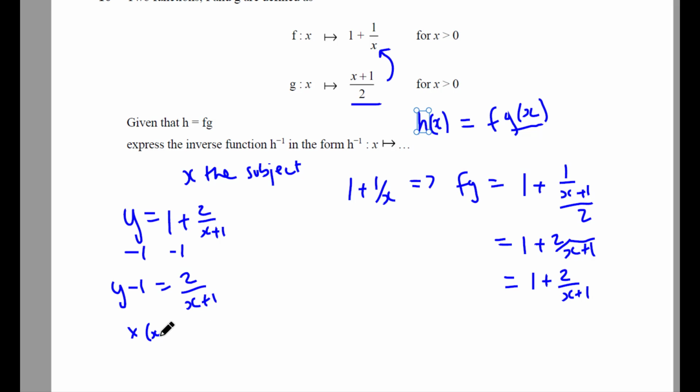Multiply both sides by x plus 1, so you get y times x plus 1 minus x plus 1 equals 2.